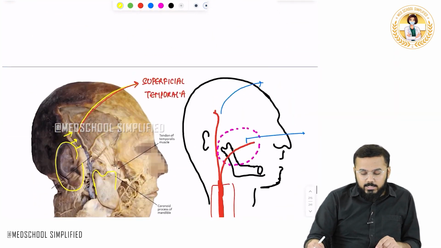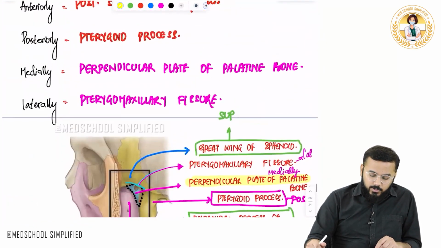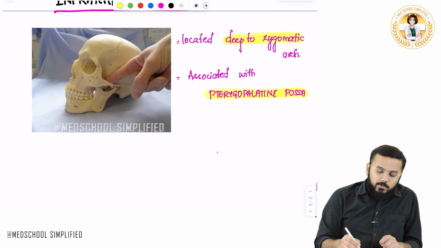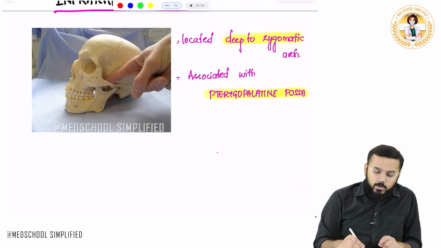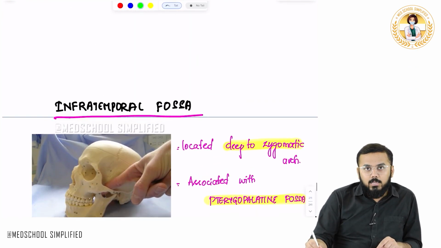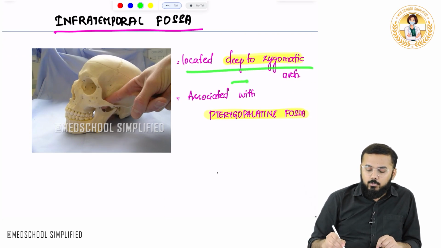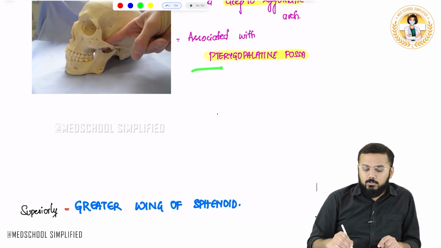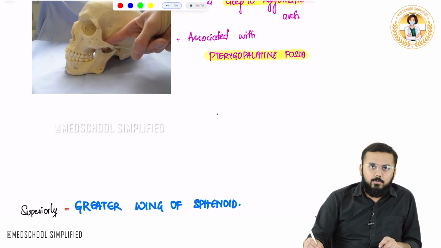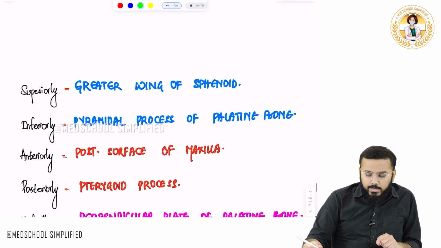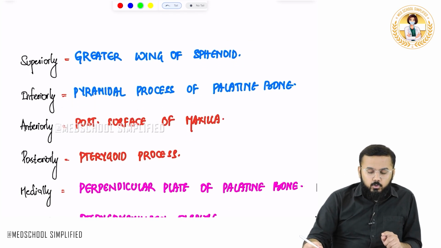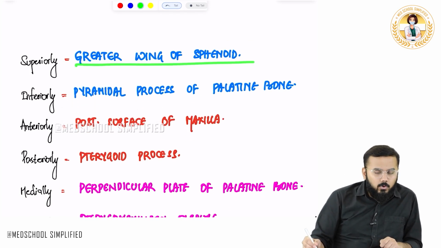Clear? So let us just discuss the things which we have spoken just now. We discussed few important things. For example, point number 1, right? We discussed that this infratemporal fossa is located deep to the zygomatic arch and it is associated with our pterygopalatine fossa. Next, it is having few important parts. Superiorly, it is having greater wing of sphenoid.